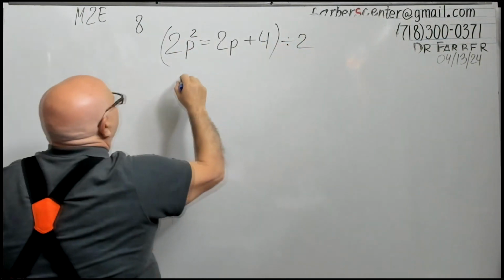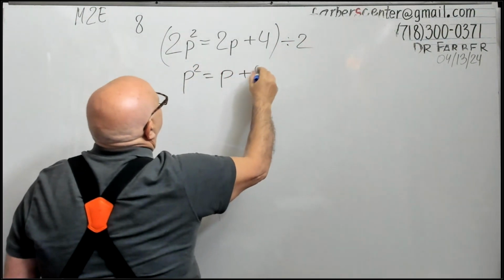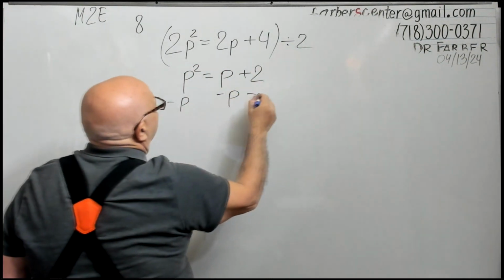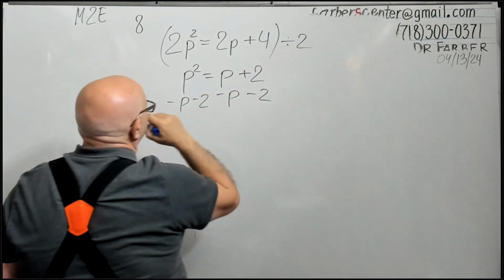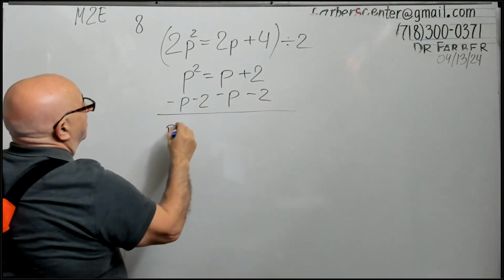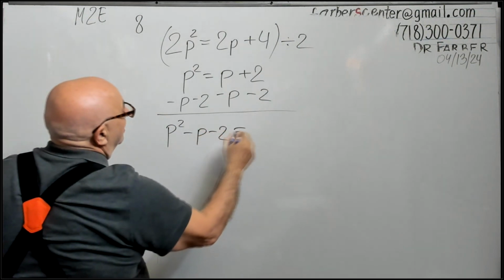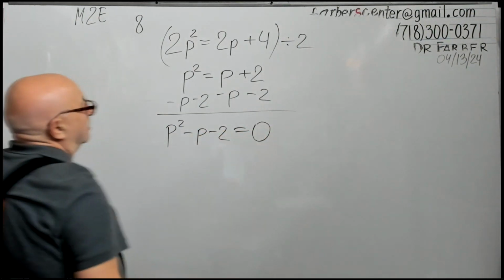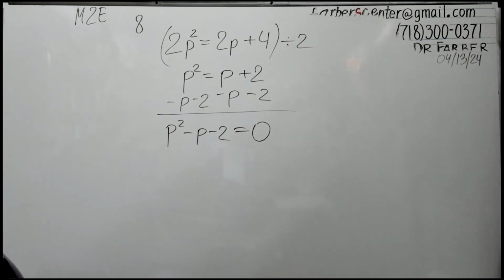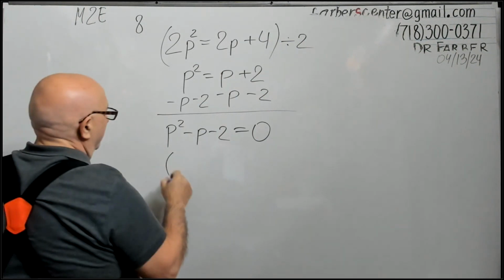What do you have? p squared equals p plus 2, minus p, minus 2 and minus 2. p squared minus p minus 2 equals 0. And this is a quadratic equation with leading coefficient equal to 1.